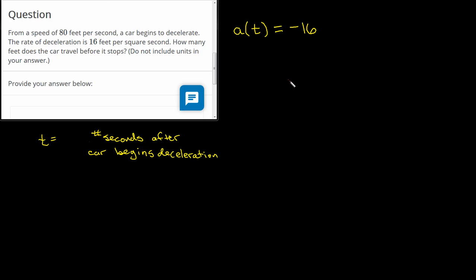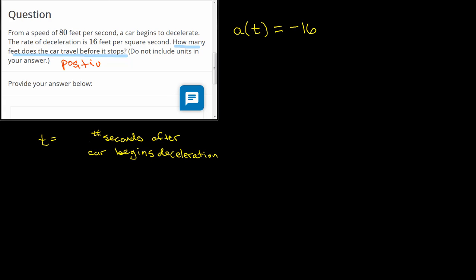All right. So then what am I going to do with that? Now I remember that there is a relationship. Let's go back. What am I interested in? How many feet does the car travel before it stops? That is a question about position.